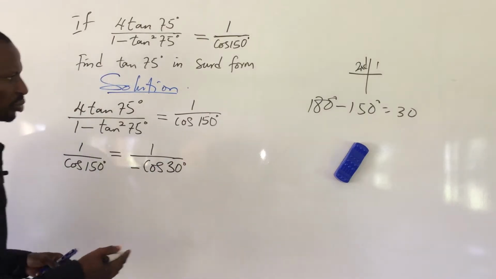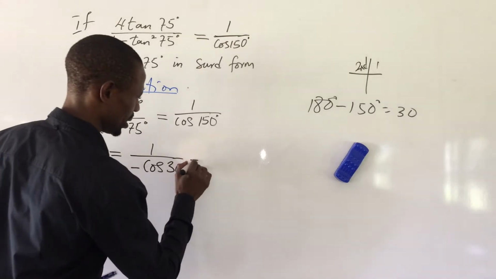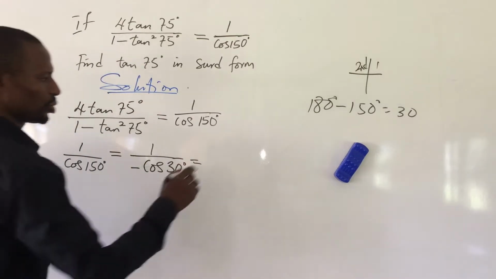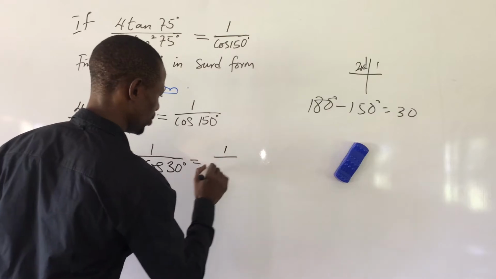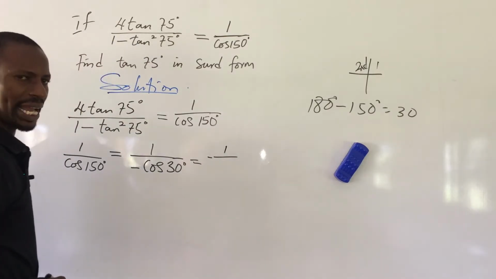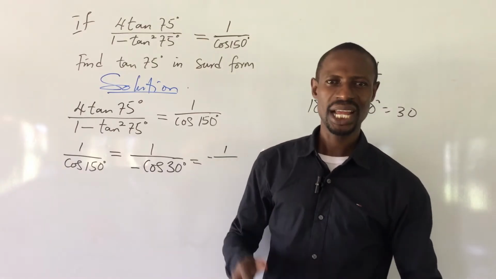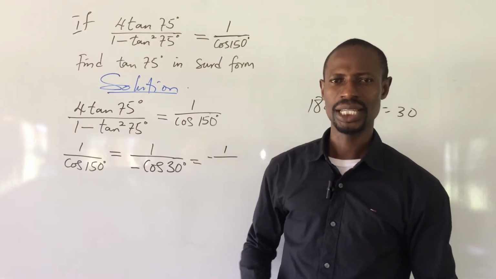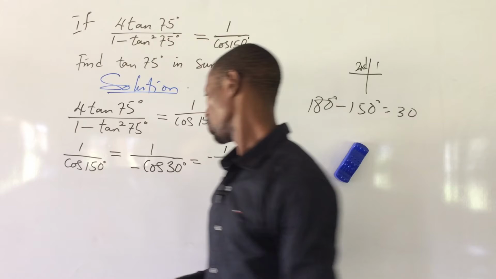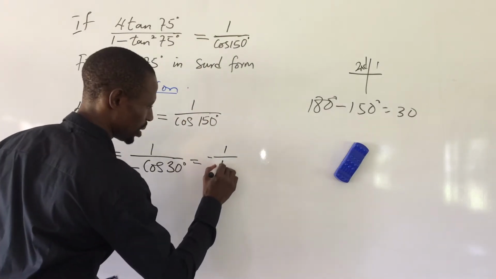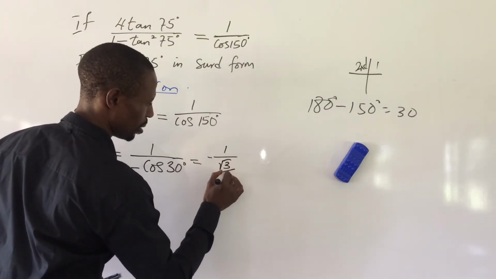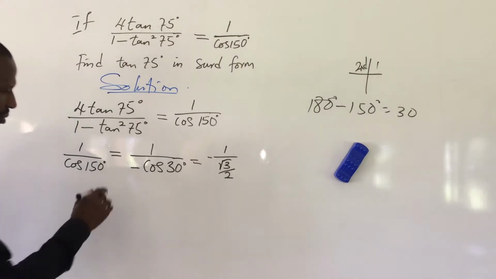All right, now that we have this, we can proceed. This is equivalent to 1 all over, we put our minus sign here, cos 30 degree. What is cos 30 degree? From our special angle, cos 30 degree is root 3 all over 2. So we replace this with root 3 all over 2.